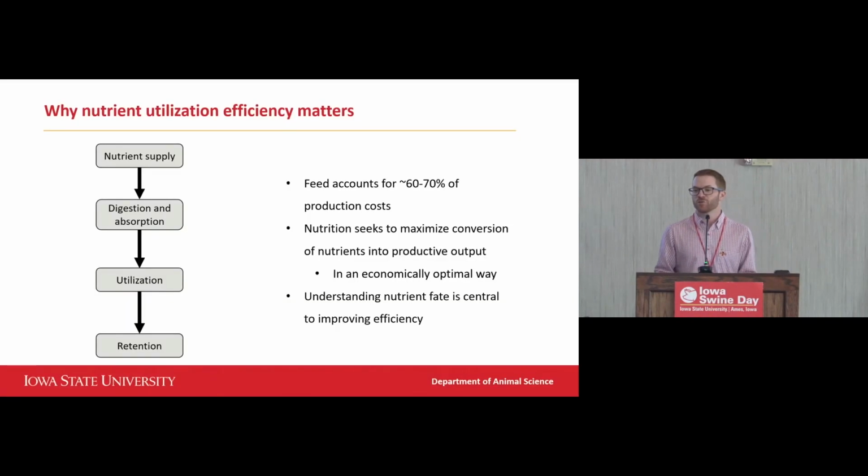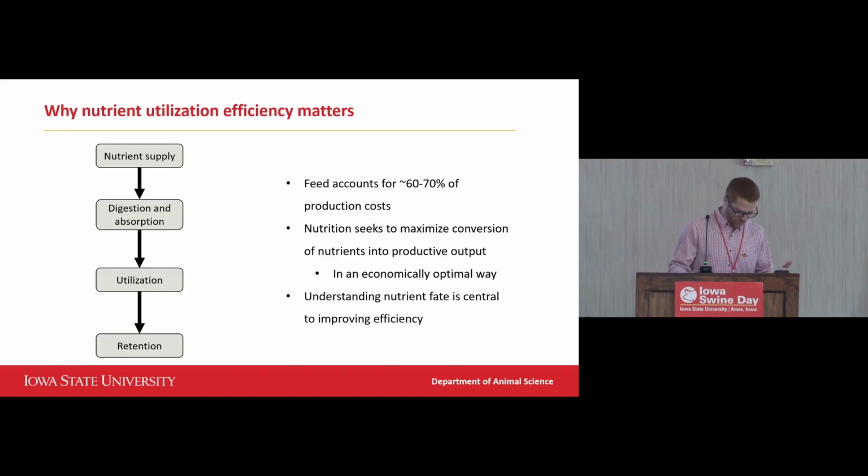So why does nutrient utilization efficiency matter? I think that's an important place to start with all topics, right? Pretty obviously, we've all heard this statistic that feed cost is the primary input cost of production. Typically, we throw out the 60 to 70% of input cost is covered by feed.